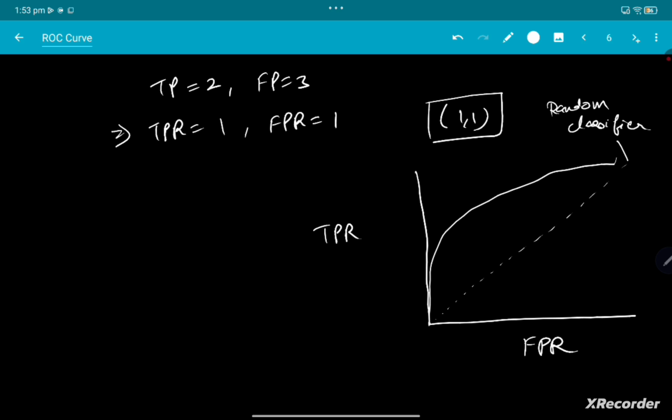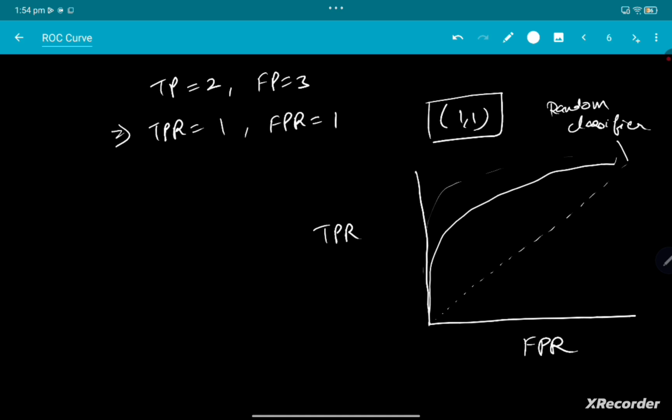Now the closer your curve is to that diagonal, or rather the closer the curve is to this corner, the better your model is at separating between positive and negative cases.